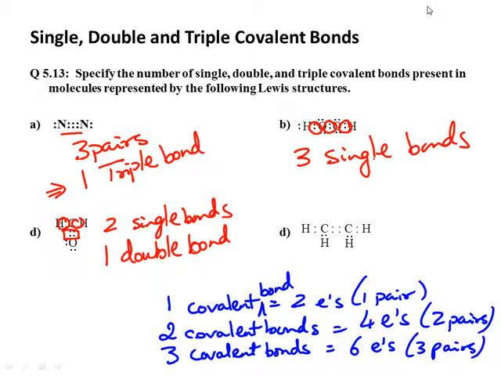So one more time, single, single, single, single, but this one right here is a double. So this one has 4 single covalent bonds and 1 double covalent bond between the 2 carbon atoms.